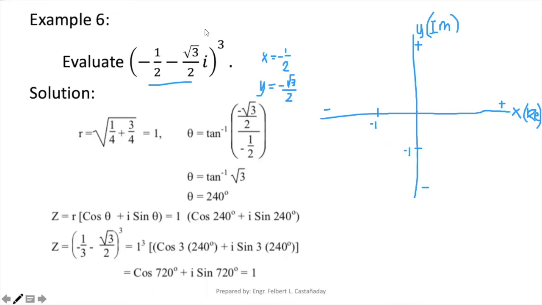X is -1/2, so this complex number is located somewhere here, and y is negative square root of 3 over 2, about -0.8 something. So it means that the complex number -1/2 minus square root of 3 over 2i is located in the third quadrant.